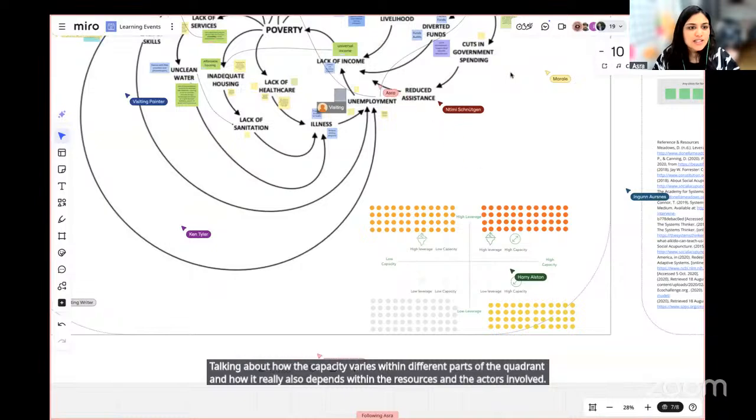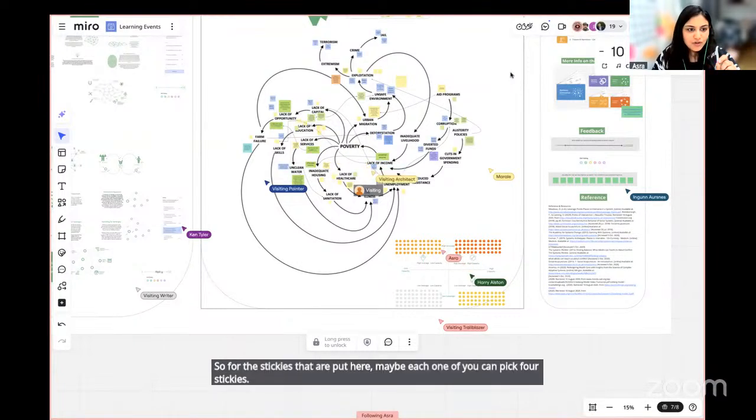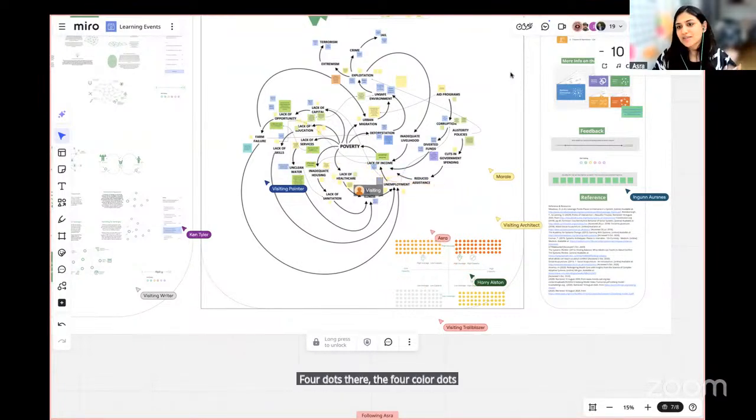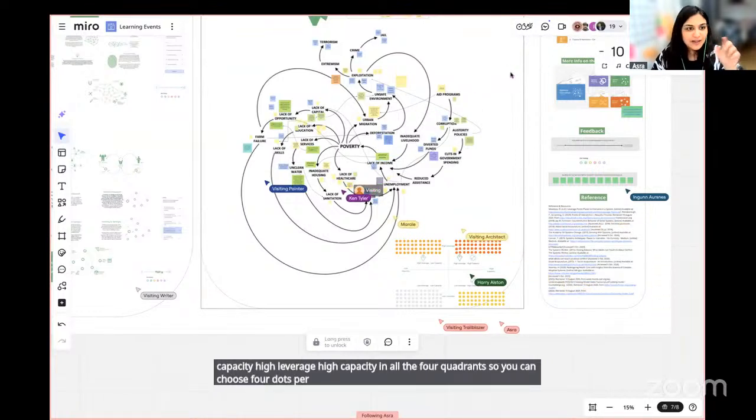So for the stickies that are put here, maybe each one of you can pick 4 dots, the 4 color dots, and say which one is high leverage, low capacity, high leverage, high capacity, and all 4 quadrants. So you can choose 4 dots for each, and then you can also just vote on the stickies there.